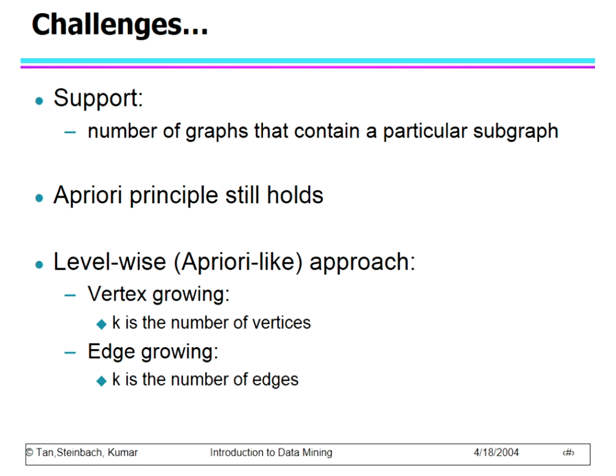The Apriori principle still holds. Level-wise Apriori-like approach, there are two manners: vertex growing, in which case k is the number of vertices, or edge growing, in which case k is the number of edges.